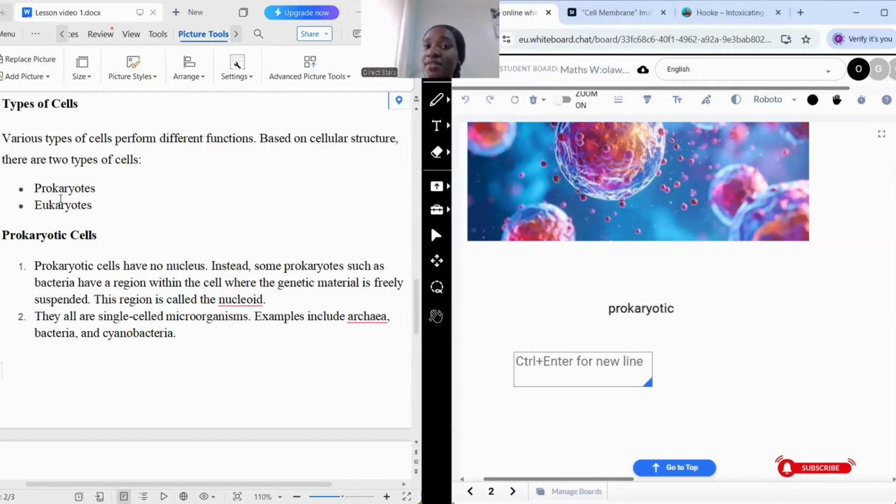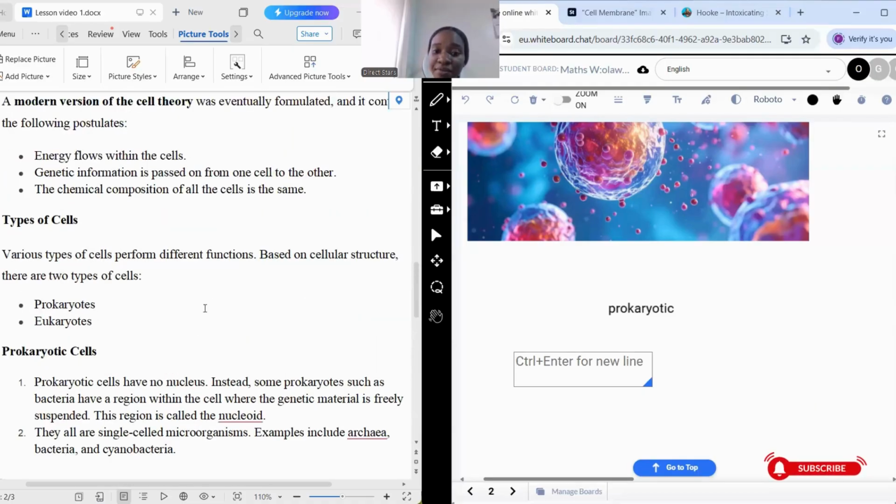Then the second type of cell we have is the eukaryotic cells. It is spelled eukaryotic. When you talk about the eukaryotic cells, this includes all the plants and animals. Plant cells and animal cells are called eukaryotic cells. Why?